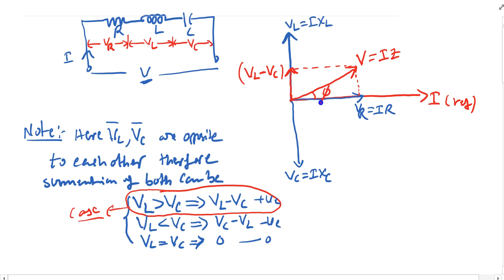So in this case I can say my current lags voltage by some angle phi, because in this condition my total circuit is inductive dominant.